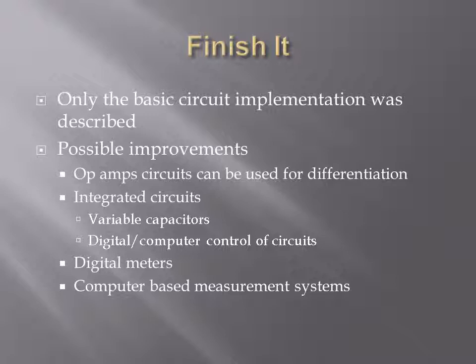We can also add digital meters. Digital meters can be voltmeters and current meters that take our measurements for us and give us our outputs in digital form. And through these digital outputs and inputs, we can add computer-based measurement systems.